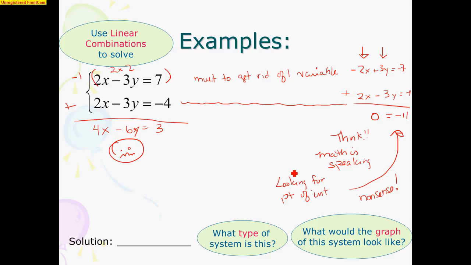I was looking for a point of intersection, I did math, and my math gave me a false statement. 0 is certainly not equal to negative 11. What do you think the math is saying?